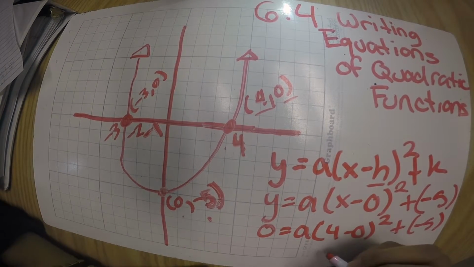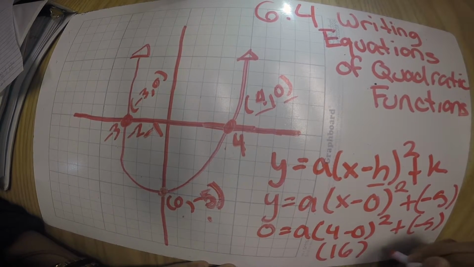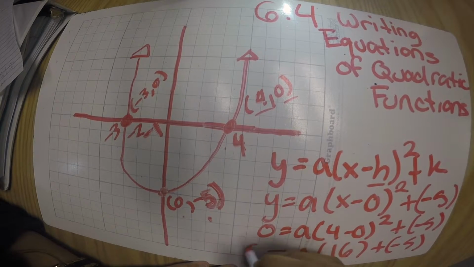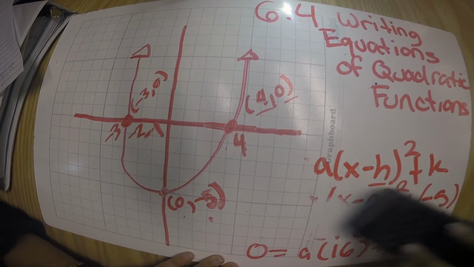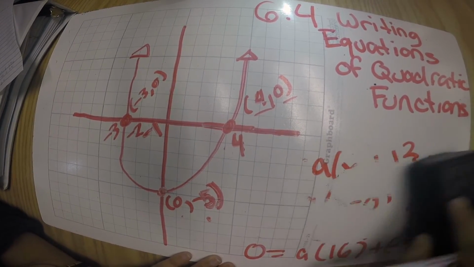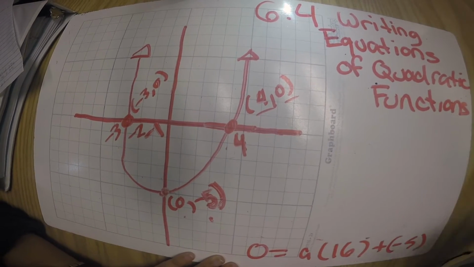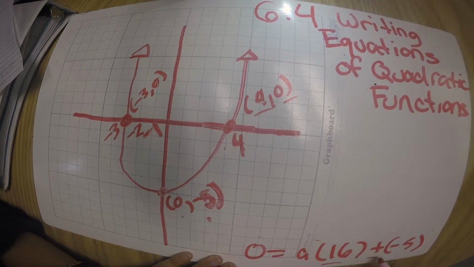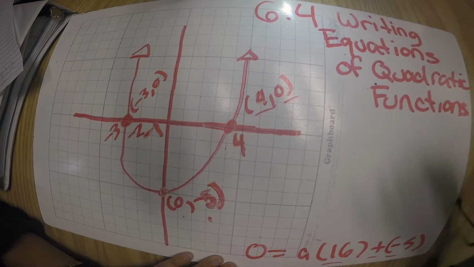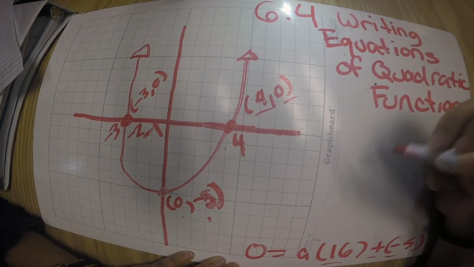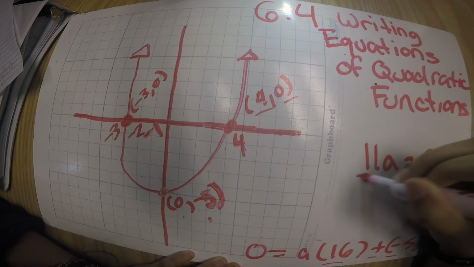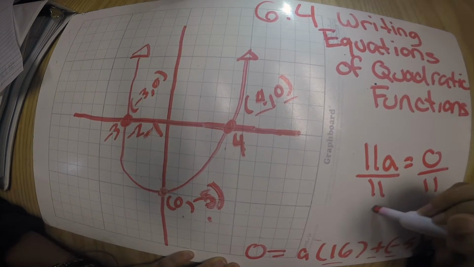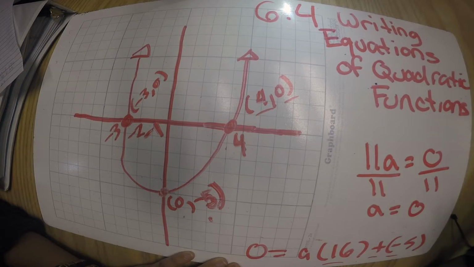Square that is 16. And then -5. So then you're going to solve 16 plus -5, which will be 11. 11a equals 0. Divide that by 11, and then your a is going to be 0.